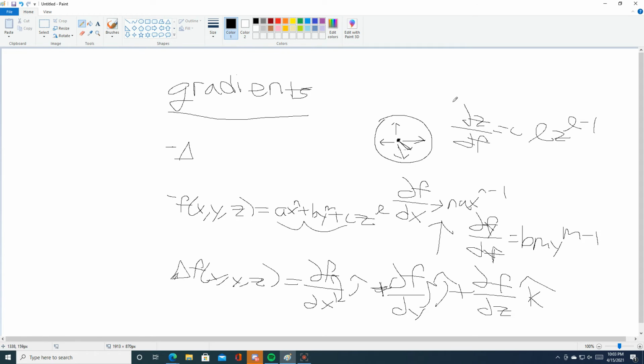So what does this really tell us? Now when we plug this into the gradient, I'm just going to write the gradient as the symbol because I'm lazy and don't want to write out this equation.